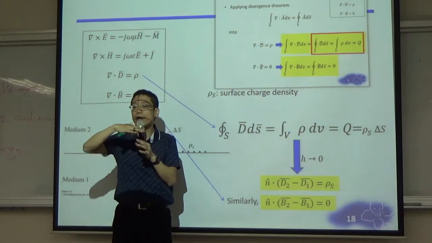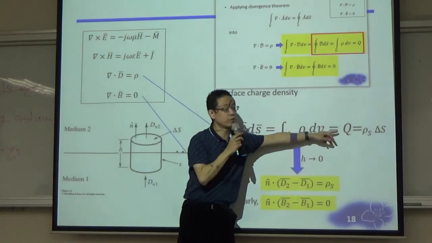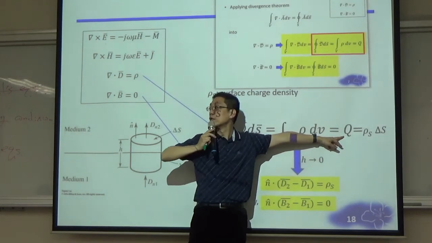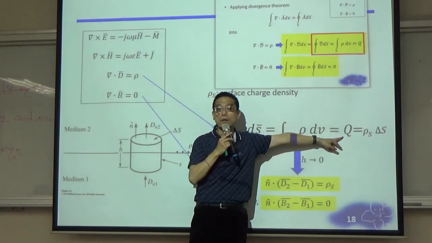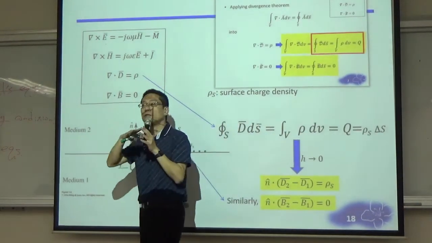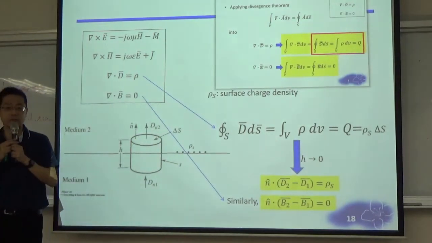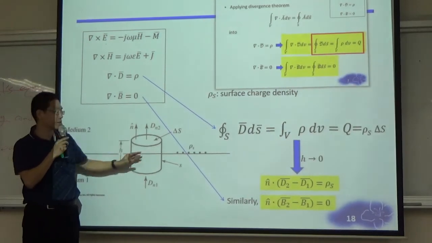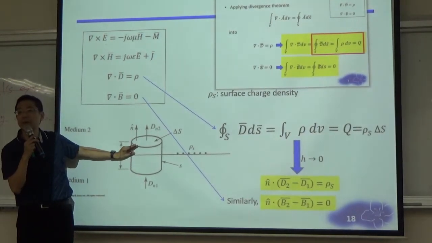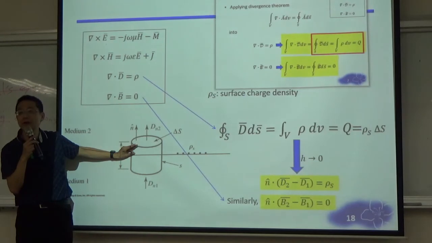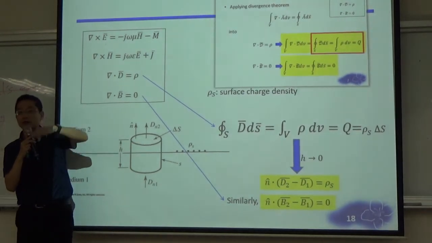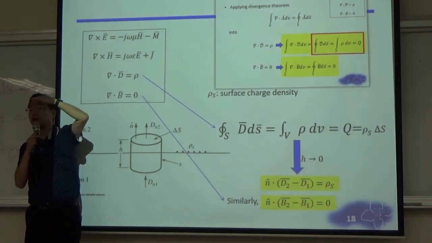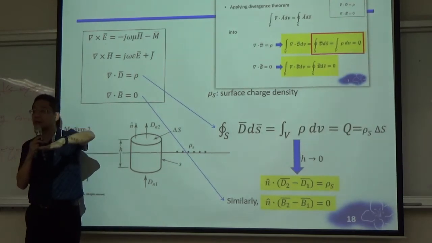The result is equal to Q. This is Gauss's law, as we already discussed. But if our area is cylindrical with the height close to 0, the result only has 2 surfaces, on the top and on the bottom, which have different directions.